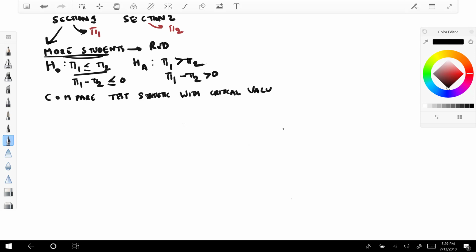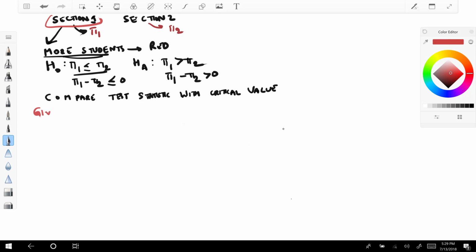So to do a test statistic, we need the sample statistics. So we take section 1 and take a sample from the section. Once we take a sample, this will be given.